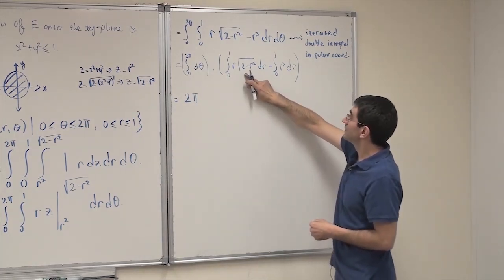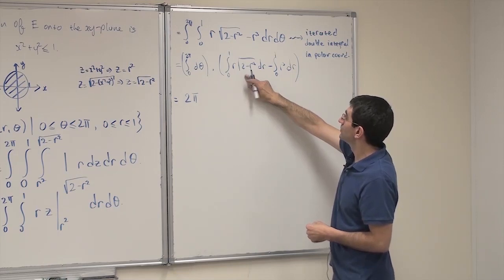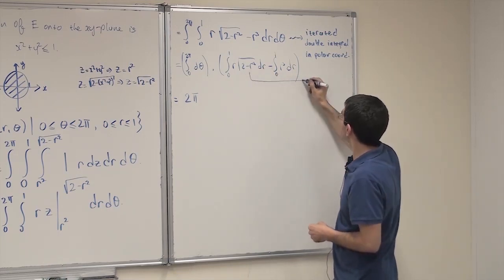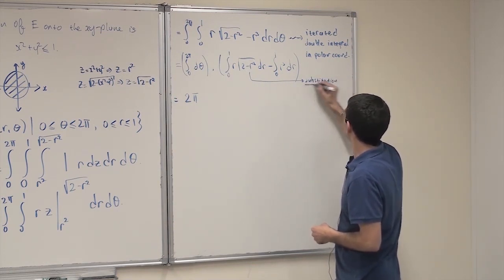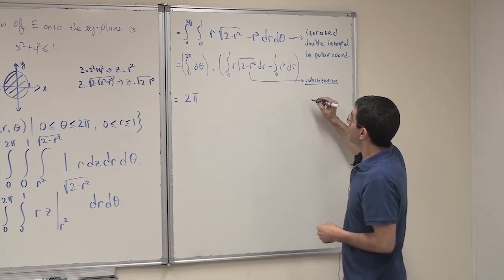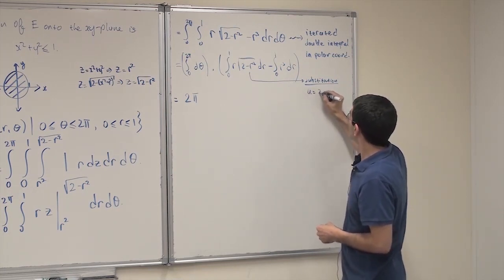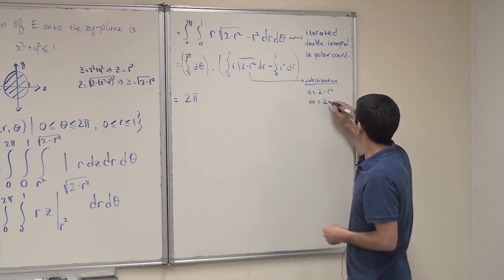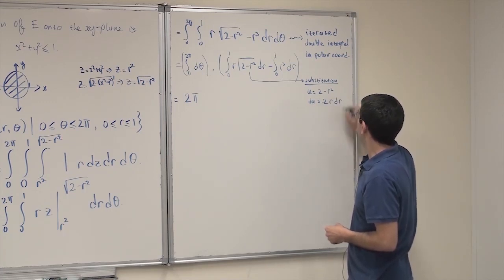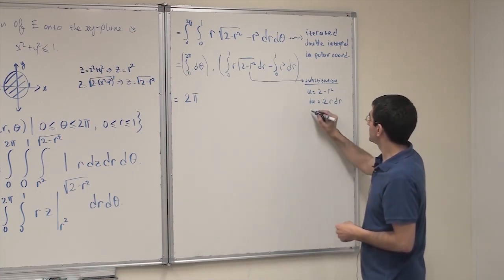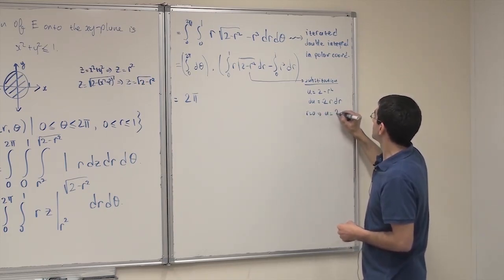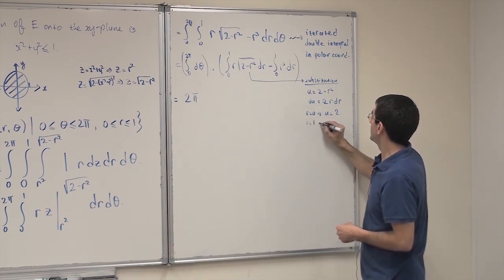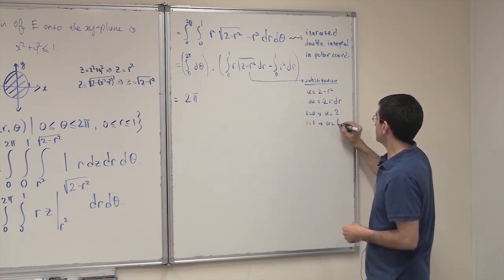To evaluate the first integral in r, I have to do substitution. Let's say we are going to call u equal to 2 minus r squared. So therefore du will be negative 2 r dr. Now let's also change the boundaries. If r is equal to 0, then u will be 2. And if r is equal to 1, then u is going to be 1.